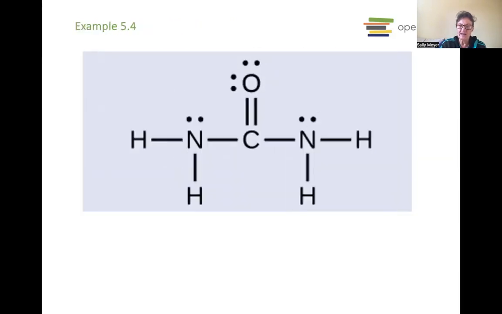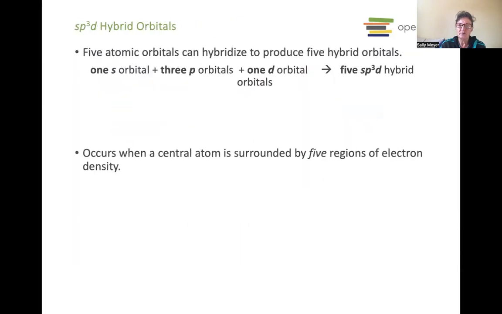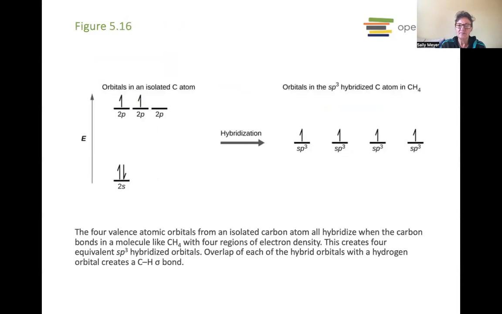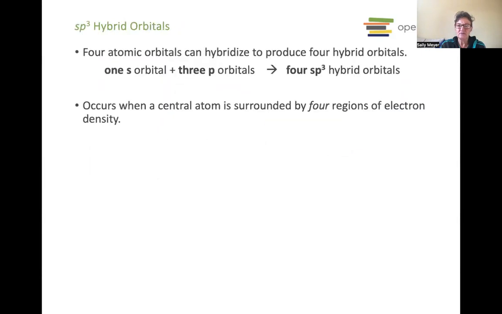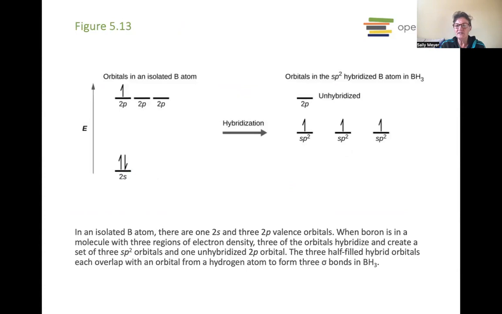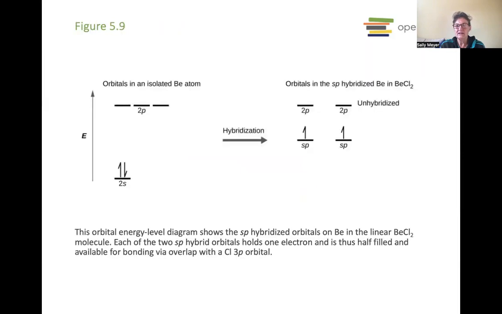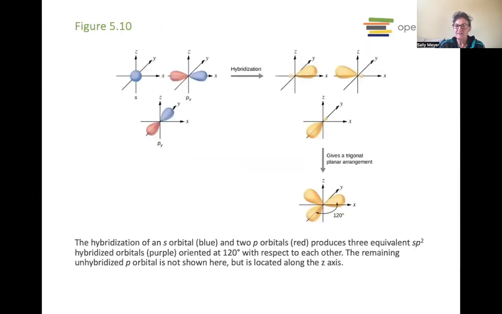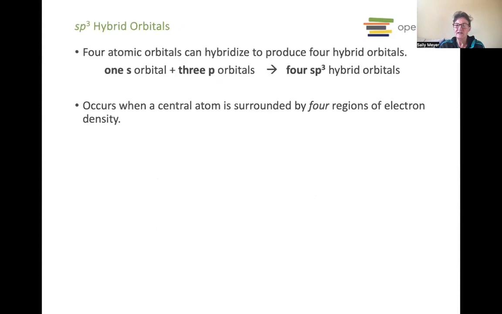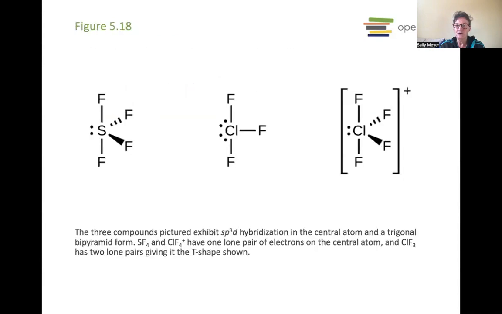So if you think back to our process of forming hybrid orbitals, in each case, there was always a p orbital left over in sp2, and then in sp. sp3 doesn't have any leftover, so it won't be able to form multiple bonds.